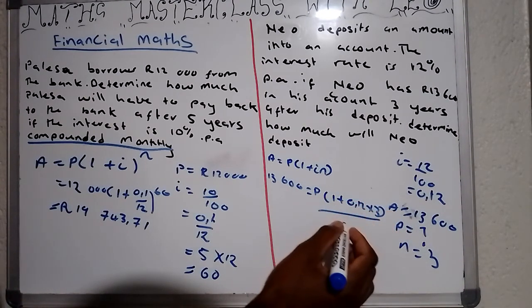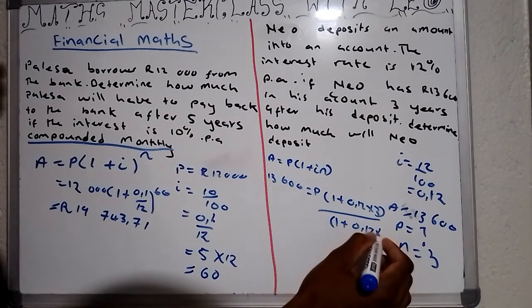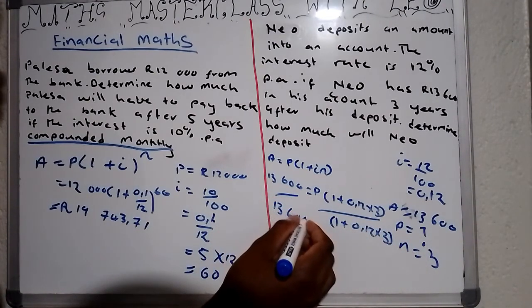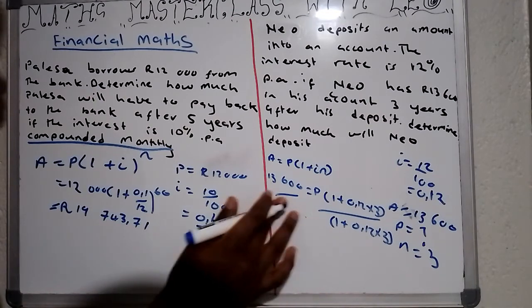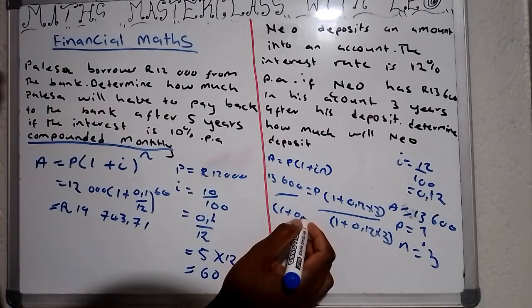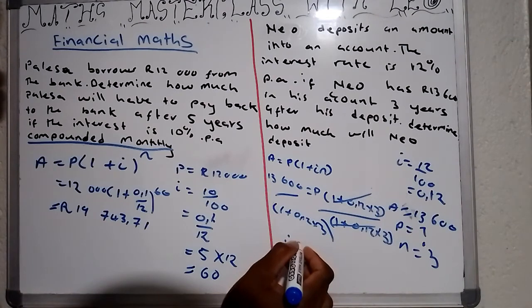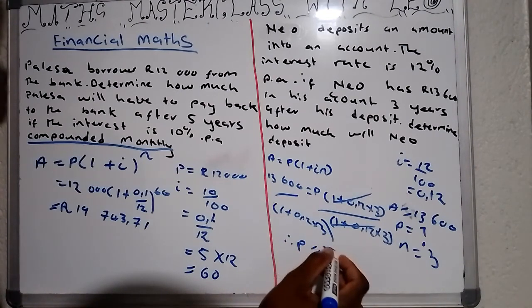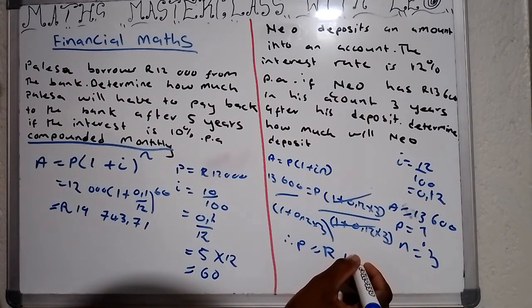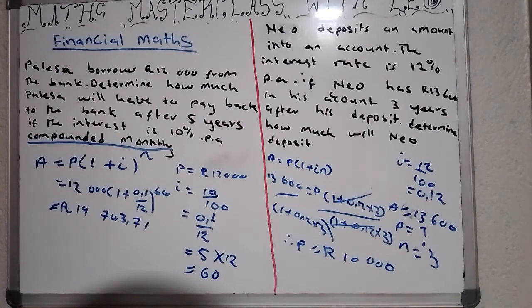Then divide both sides by 1 plus 0.12 multiply by 3. This one and this one, they will cancel. Therefore, P, I'm going to have in rands, should be 10,000. Right? It should be 10,000.